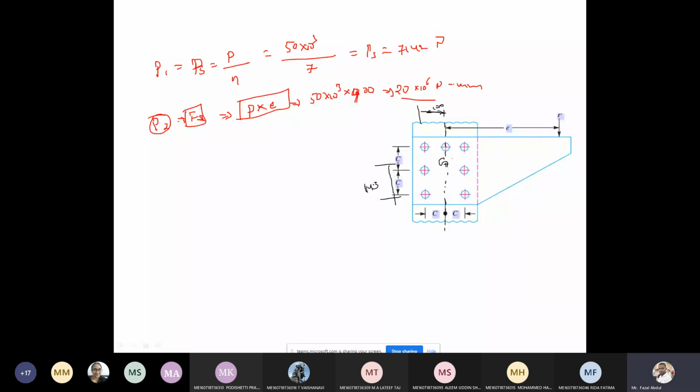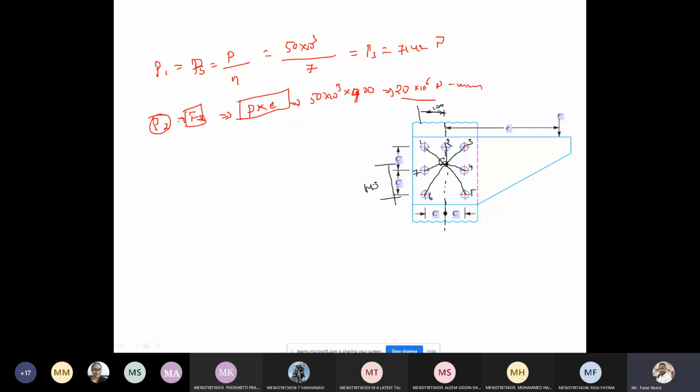Now I am connecting all the centers to the center of gravity. This is the first rivet, second rivet, third rivet, fourth rivet, fifth rivet, sixth and seventh. The center I am joining directly to the center of gravity, in this manner.